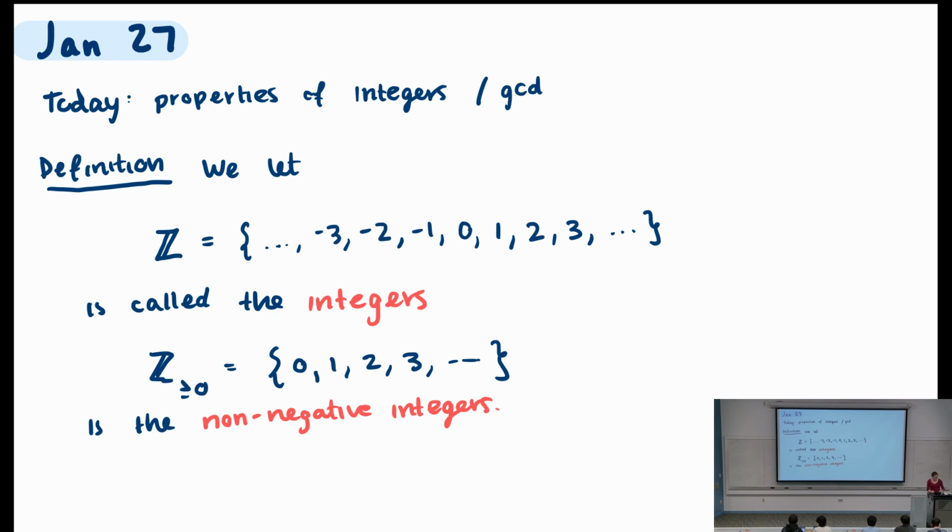And let's also do the positive integers. So we'll have Z strictly greater than 0. This is 1, 2, 3, and so on. This is the positive integers.